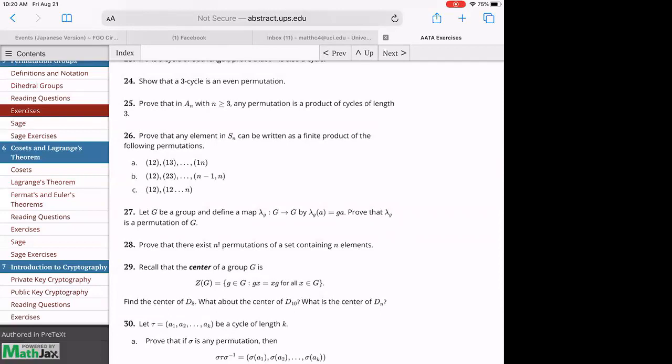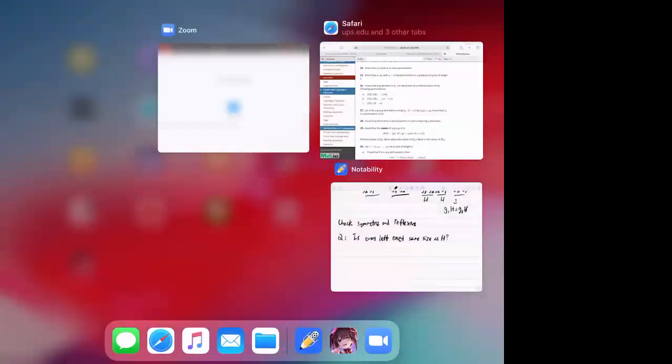Well, that's the same thing as showing group operation by G is a bijection. And I think I proved 27, that it's actually a bijection. So problem 27 basically shows that all cosets are the same size.